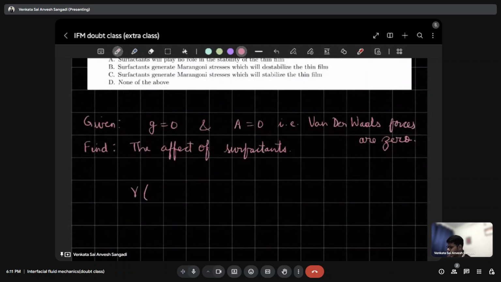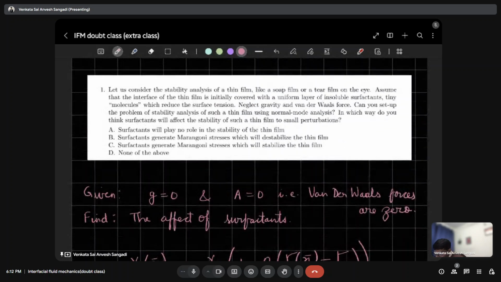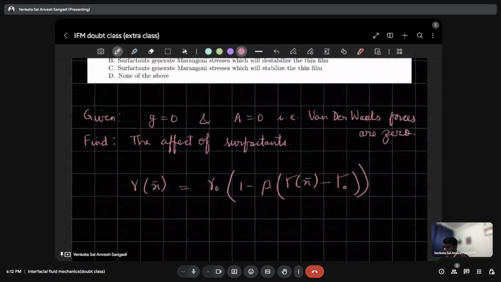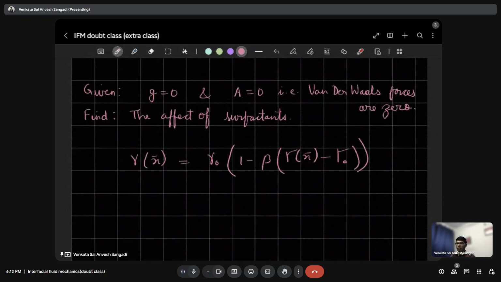So let's say our surface tension is a function of position, which is gamma naught plus 1 minus beta times capital gamma of x minus capital gamma naught. This is how the surface tension is varying due to the surfactants, let's say it's varying like this in space.